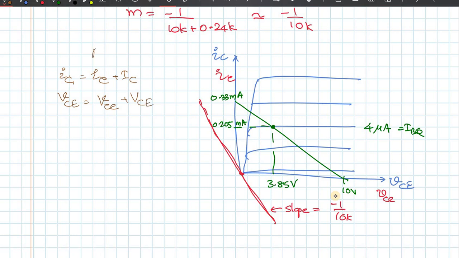This is the AC plus DC. So if I combine both, you need to understand that the operating point, in other words, when the AC current is 0, the total current is at the Q point.